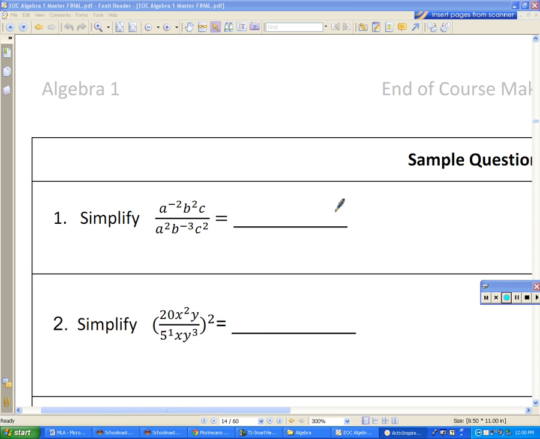The c also has a negative exponent on it, so I'm going to put it on the bottom and make its exponent positive as well. Now I technically don't need to write that 1 in there, but I can. My final answer to that problem is b to the 5th over a to the 4th times c.